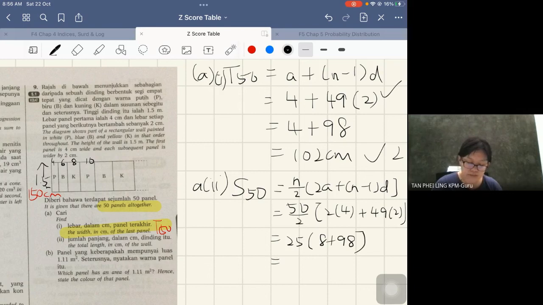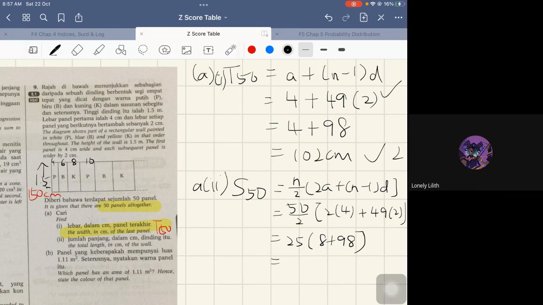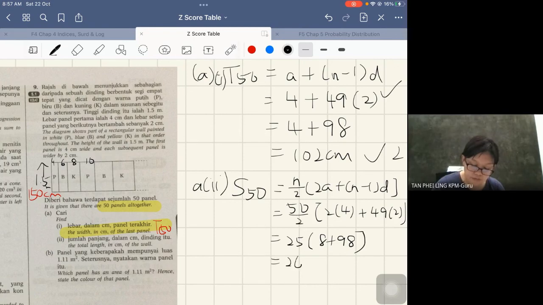Then calculator, 25 times 106. Anyone? 2,650. Yeah, 2650 cm. Is that okay?